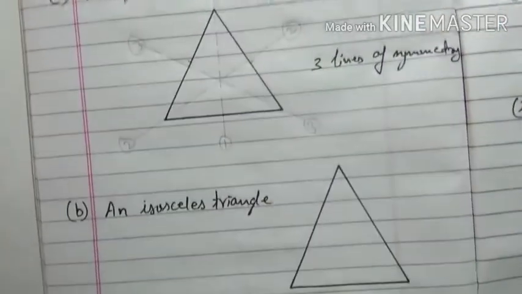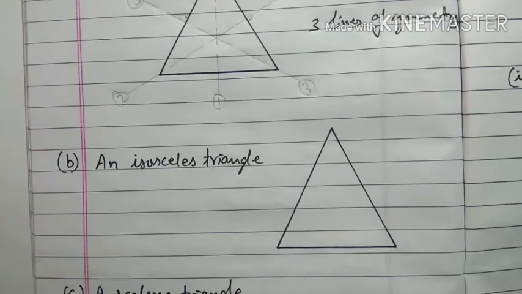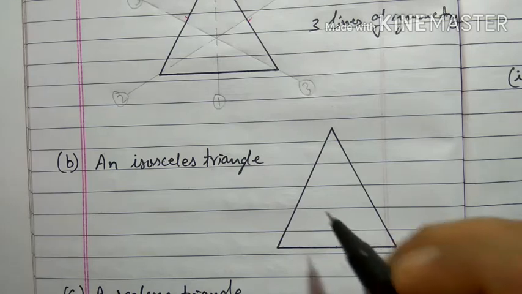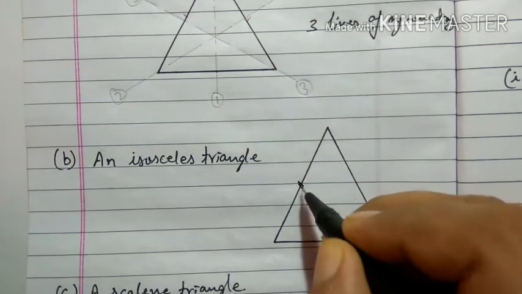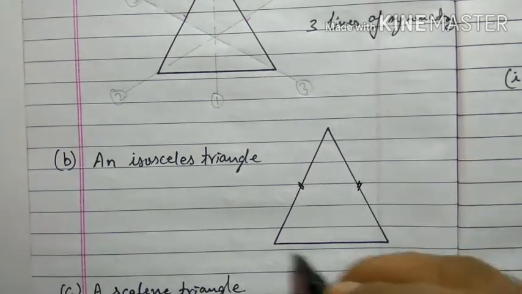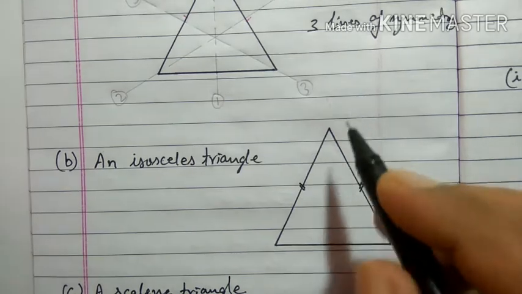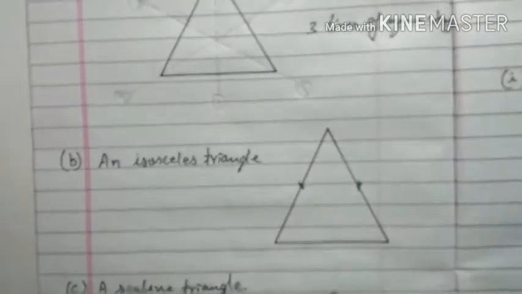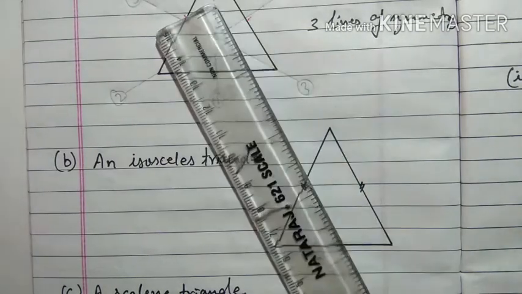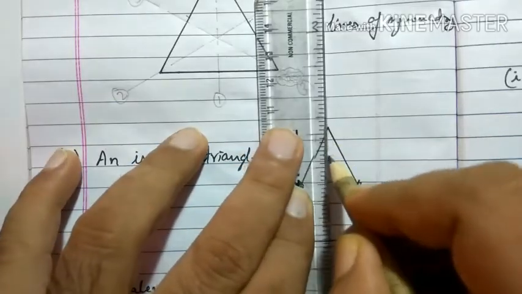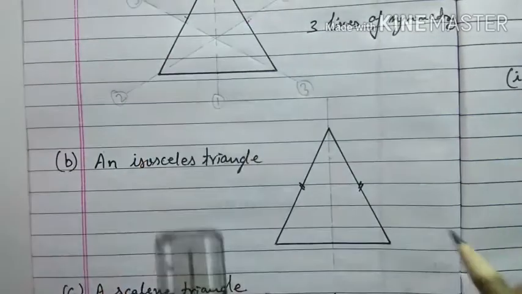Okay, next is B, an isosceles triangle. So you know in an isosceles triangle these two sides are of equal length and this side is not equal. So only one line of symmetry is possible, and that is the vertical line of symmetry. So we have to draw like this way, right?